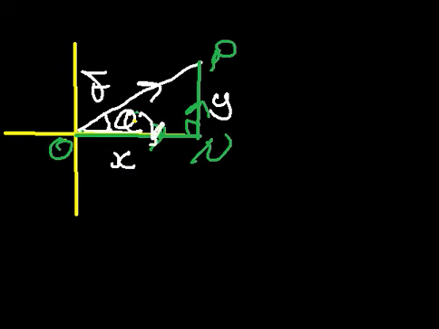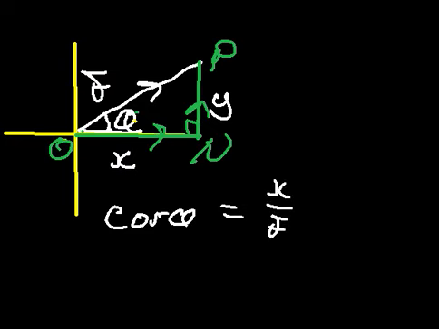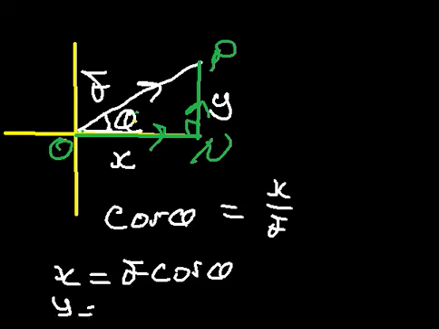Now this is adjacent, this is hypotenuse, so we'll have cos theta equal to adjacent x divided by hypotenuse, which is given as F. So the x component of the force is given as F cos theta. And how about the y component? The y component will be given as F sin theta, using the same trigonometric ratios.